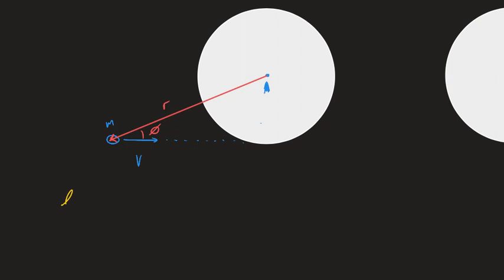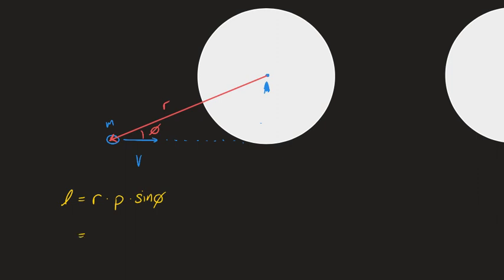We defined the angular momentum as r times the linear momentum times the sine of the angle between the two. Okay, we define L, the angular momentum, as r times the linear momentum times the angle between the two.